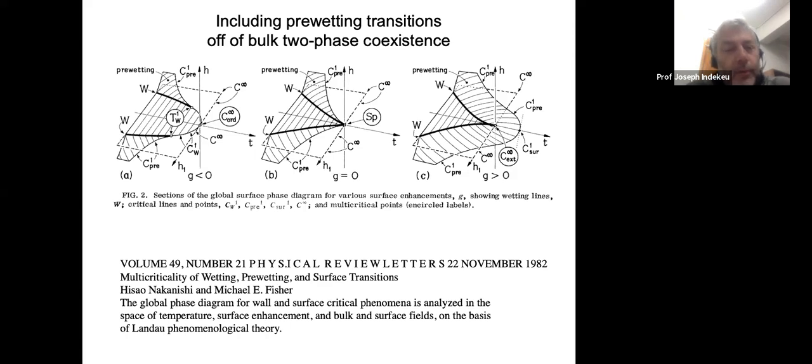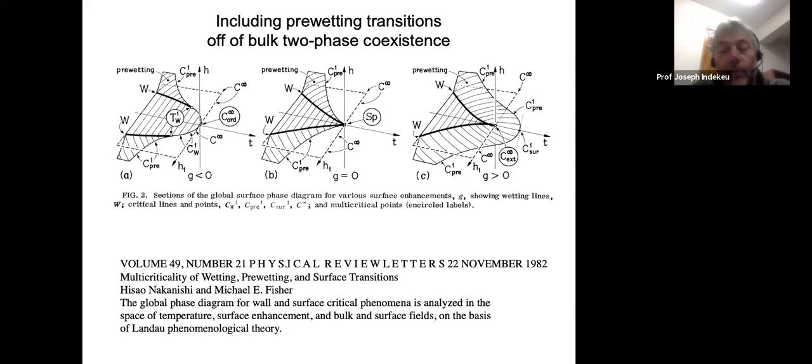But it's possible that if you are not so far from the conditions that the plus phase becomes also stable in bulk, you could have something that is premonitory, that is kind of anticipating the wetting transition that would occur if you would be at bulk two-phase coexistence. But the wetting transition cannot be realized in full unless the plus phase also becomes stable in bulk, and so unless the bulk field is zero.